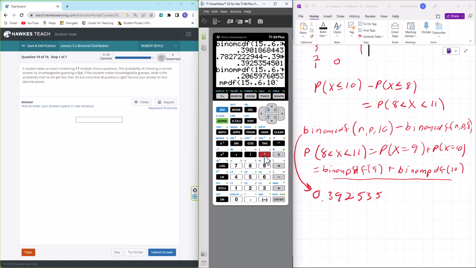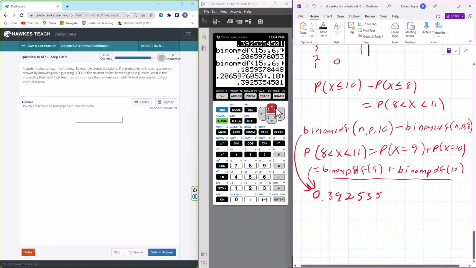Add those two together. Notice, it's kind of hard to see here, but we have the exact same value, which is what we were hoping for. So our answer for this particular case is going to be 0.3925, because our fifth decimal place is less than 5. We don't need to round up.